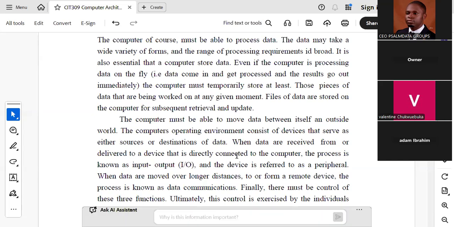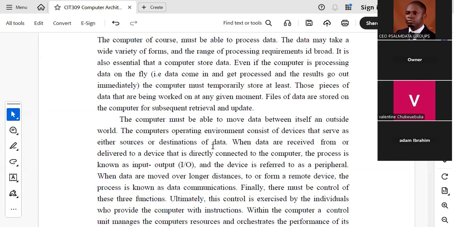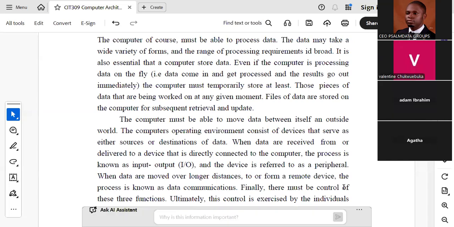That statement simply means the possibility of data just coming in, getting processed, and going out as a result immediately without any possibility of saving it in memory. Even if that is what you are doing on particular data, the RAM will still work, because the RAM will still need to hold what you are doing. So there will still be a need for temporary storage of what you are doing. So they are just trying to link storage with processing.